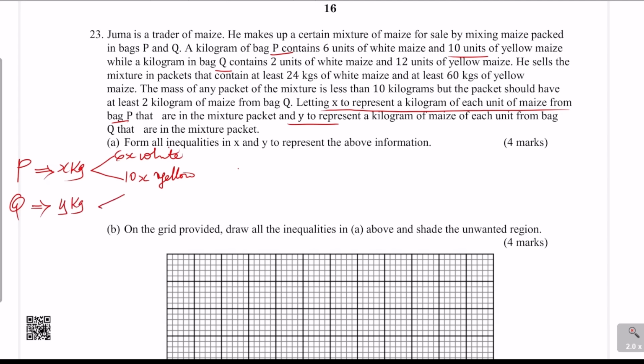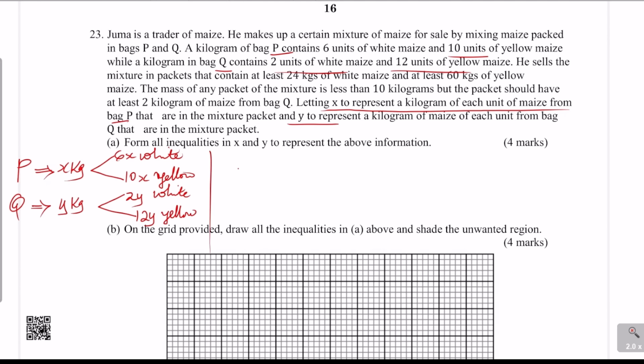Again, we have how many units? 2 units of white maize. So those kilograms will be 2 multiplied by Y. And then 12 units of yellow maize. So this is the white. Then for yellow there are 12 units, and remember 1 unit contains Y kg, so this will be 12Y. So this is for the yellow.